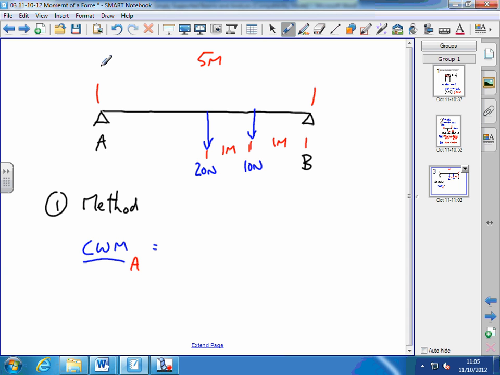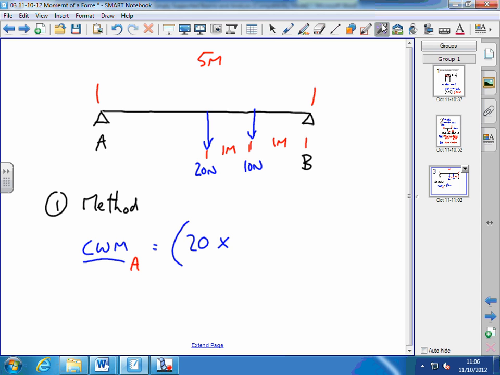So now we take each of these forces that are acting on the beam and ask ourselves, is it going clockwise or anti-clockwise? Well, this first force, the 20 Newton force, is trying to pull it round clockwise. So if it was acting on its own, it would be going clockwise. So this is contributing to the clockwise moments. So that's going to be 20 newtons, which is the force, multiplied by the distance of that force from the pivot.